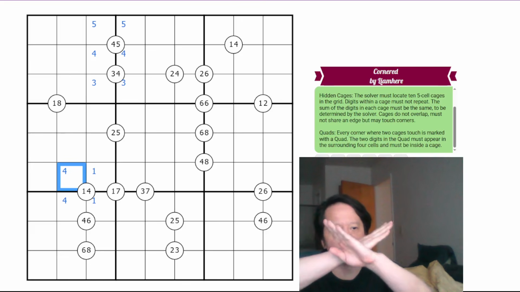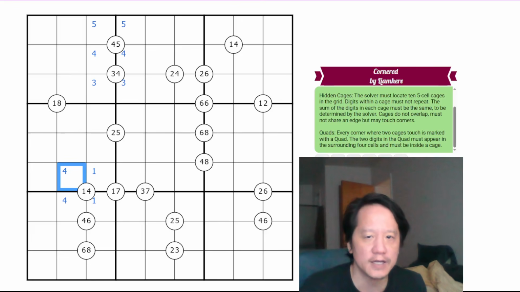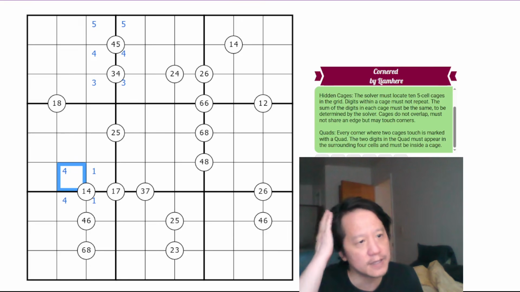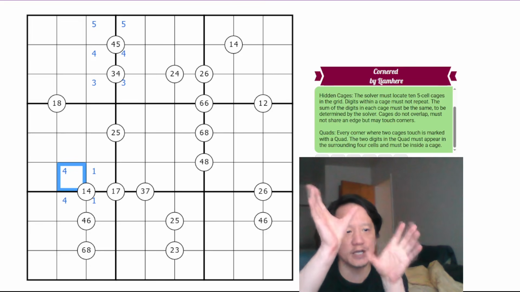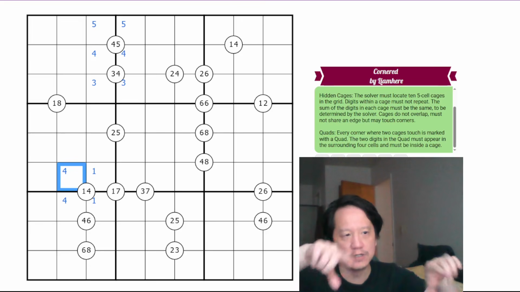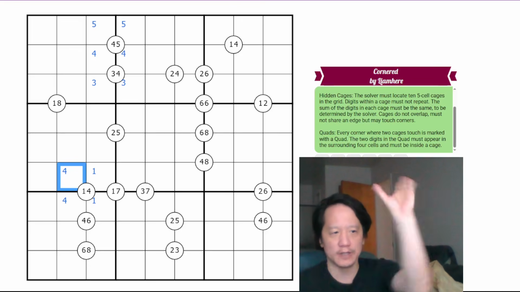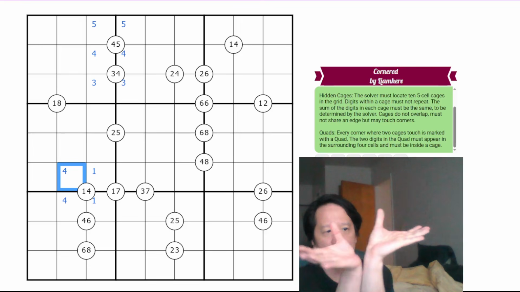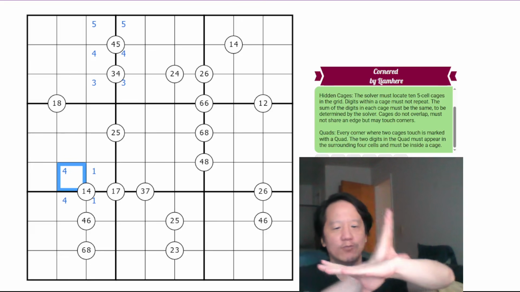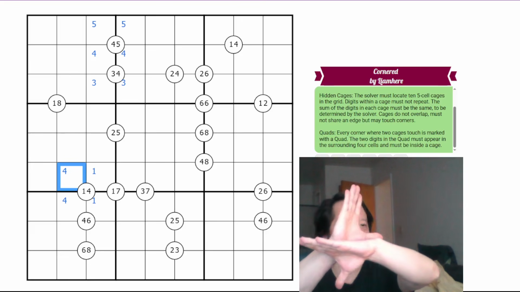And you'll always have a diagonal because each of these digits is within a cage. And since they are within a cage and cages can't touch, and this is the meeting point of cages, that means you have to have a cage going in one direction here, and then the other one going in the other corner, right?